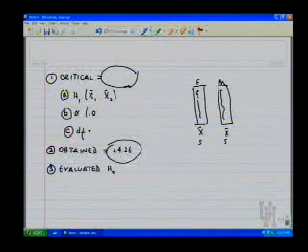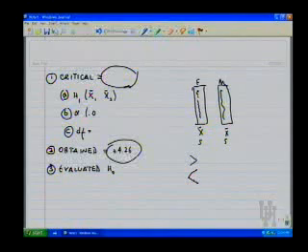You only got three choices here. X bar 1 will be greater than X bar 2, X bar 1 will be less than X bar 2, or X bar 1 will be different from X bar 2.